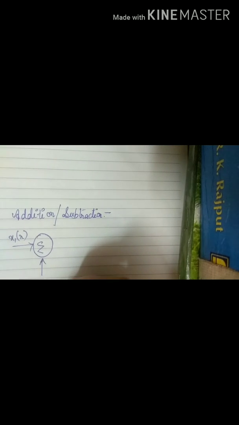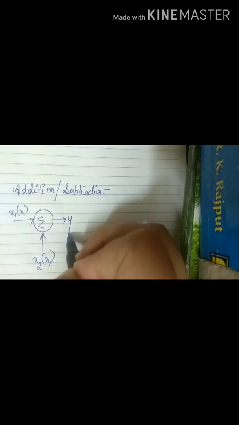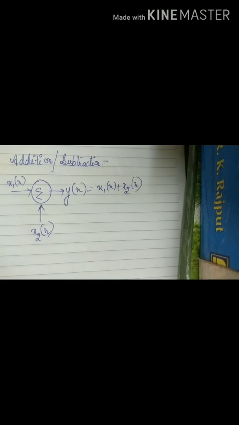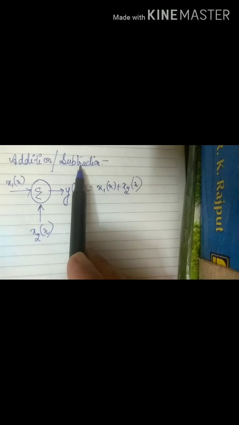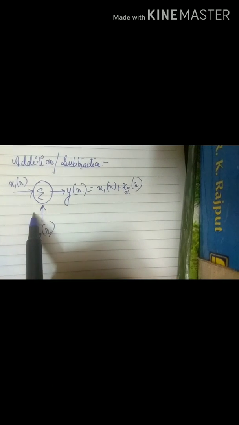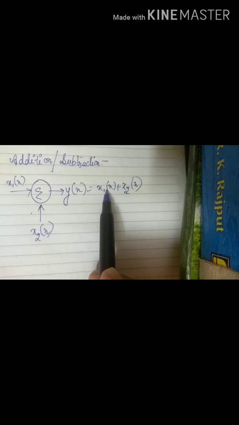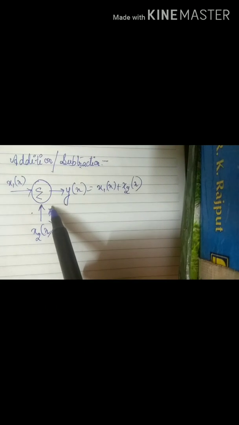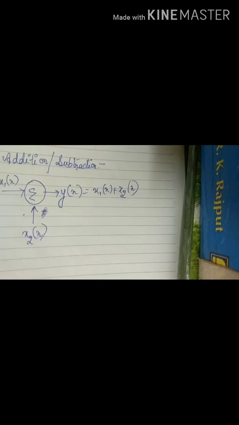We are performing addition of another signal x2(n) with this. So the result will be a new signal y(n), which is the summation of x1(n) plus x2(n). Okay. Now, if you are performing subtraction, to indicate that, a negative sign must be given. That means if you want to perform x1(n) minus x2(n), then there should be a negative symbol associated over here. In case of addition, it is not necessary to place this particular symbol.